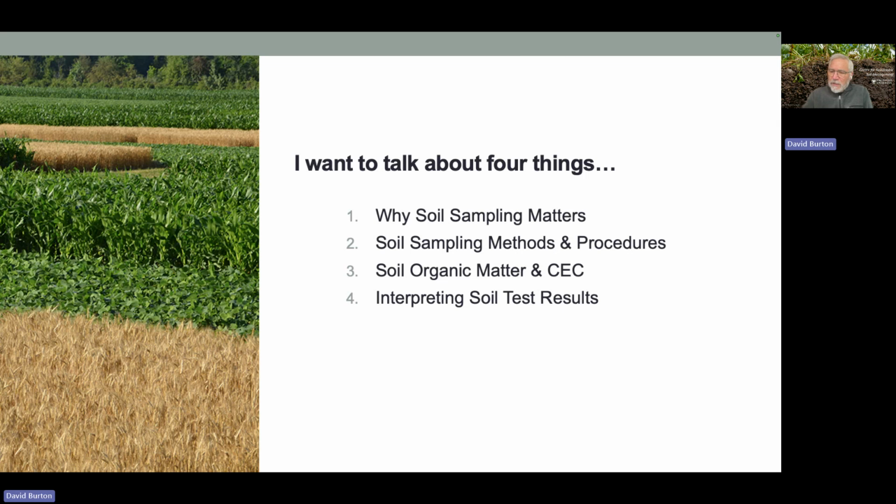I also wanted to spend a few moments talking about soil organic matter and cation exchange capacity, because they're important aspects of the soil that we are going to refer to constantly throughout the series, but I wanted to spend a few minutes introducing them here in this first episode. And then finally, we're going to spend a few minutes talking about how we might interpret soil testing results.